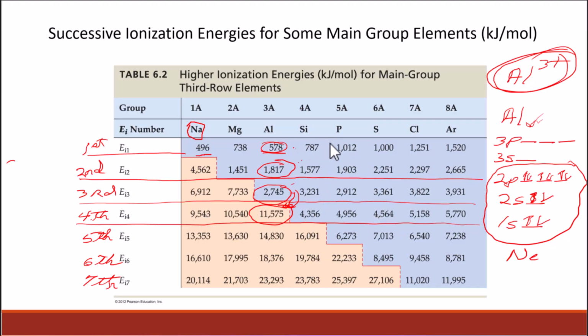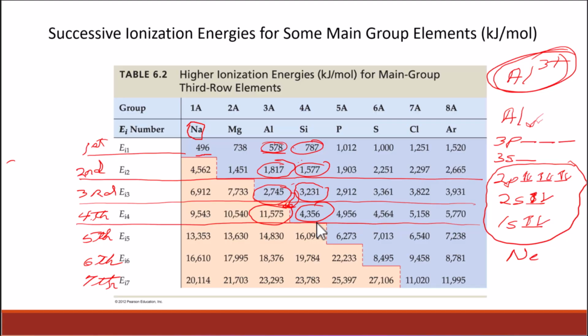So here is silicon. Now, silicon, the first electron, pretty easy to remove. The second electron, not that hard to remove. It's getting harder because you've got 14 protons in the nucleus, and it's pulling on the successive electrons a little bit stronger. And then you remove 4 electrons. This is the 4th ionization energy.